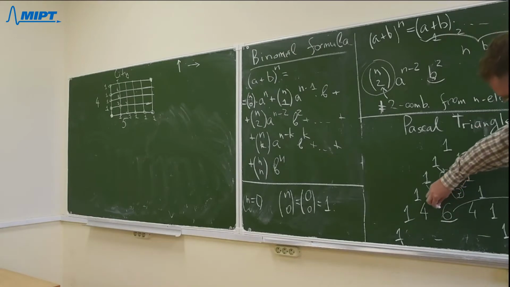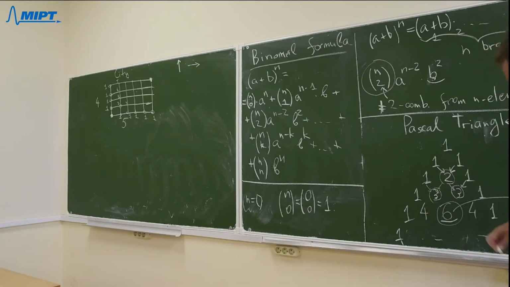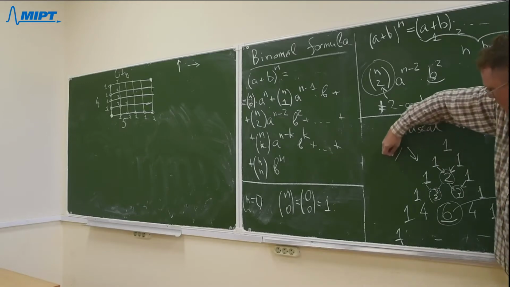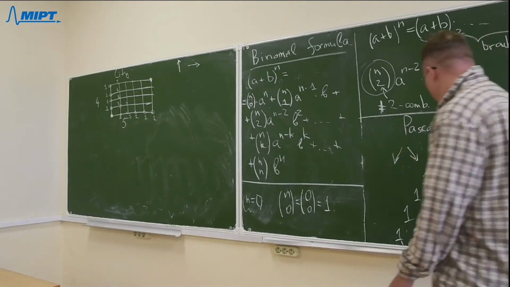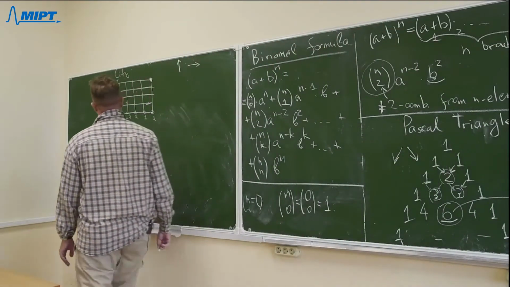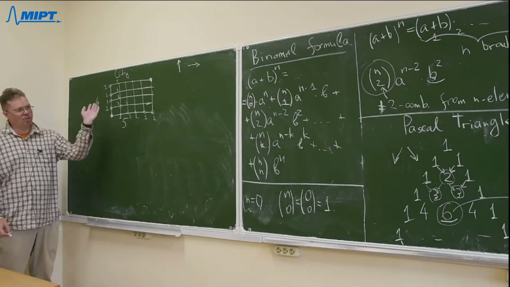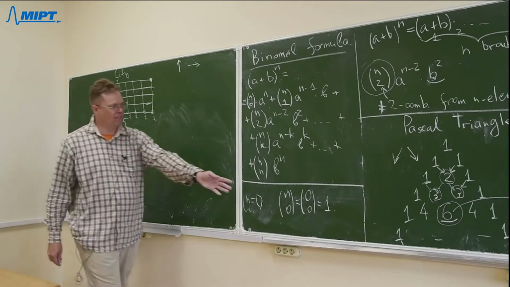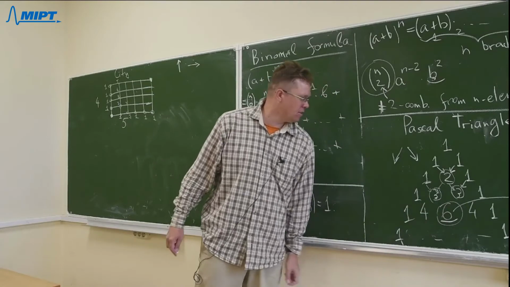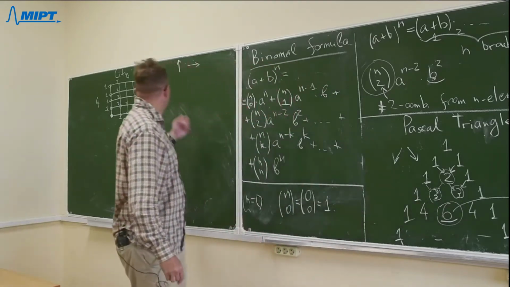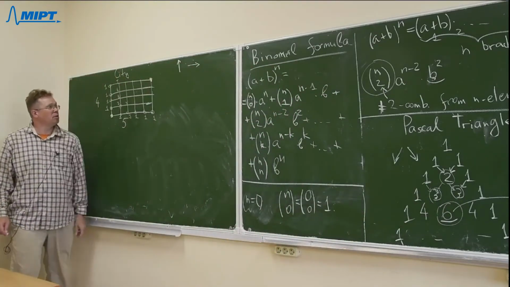So actually, if you look at this number 6 here, it's nothing but the number of ways of getting from this point to this point, if you go diagonal left or diagonal right. So this is the same problem. If I prove that this is the combinations, the binomial coefficient, then this guy is also a binomial coefficient.